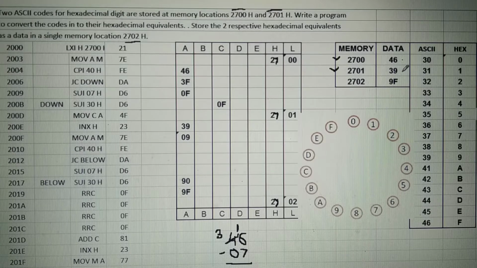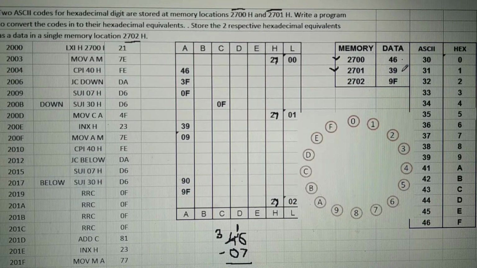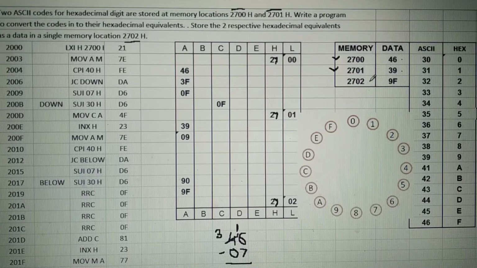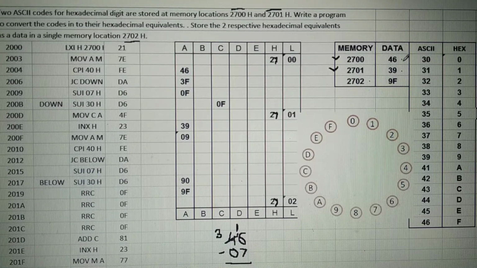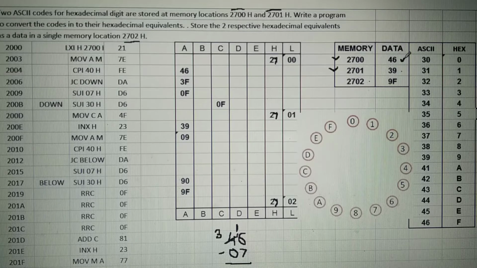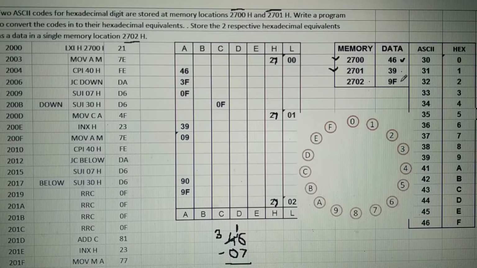For the second also, you have to find out its hexadecimal equivalent and store the 2-digit hexadecimal equivalent in the next consecutive location. That means the 46, you have to find out the hex equivalent. It acts as the least significant digit.